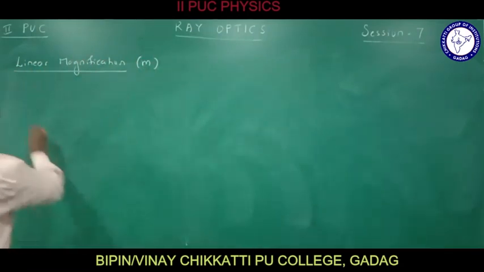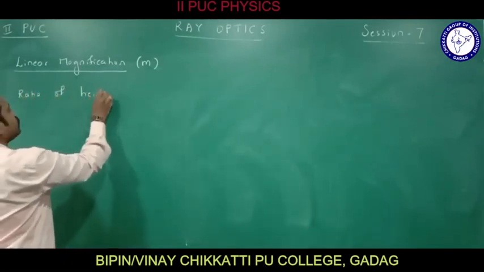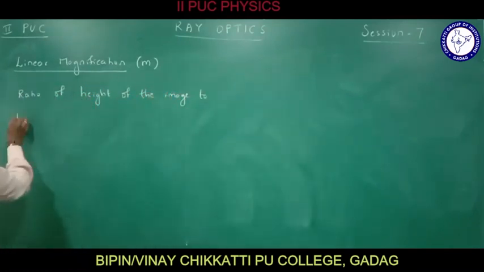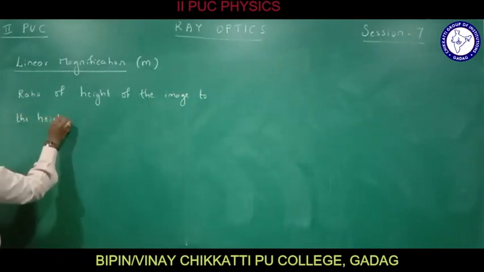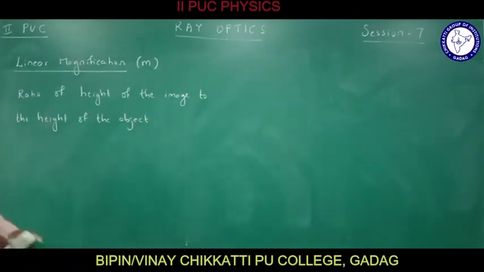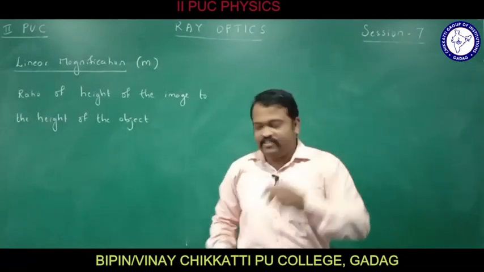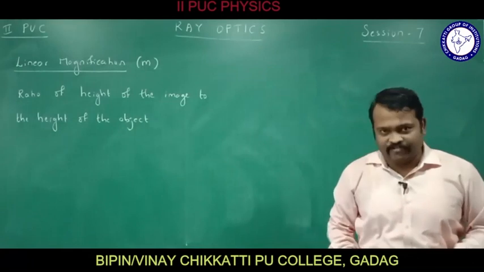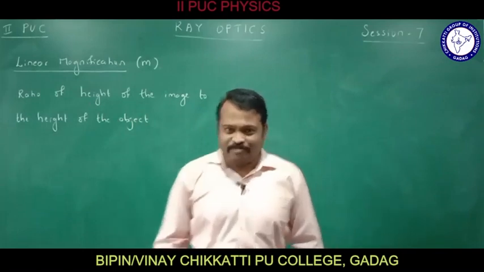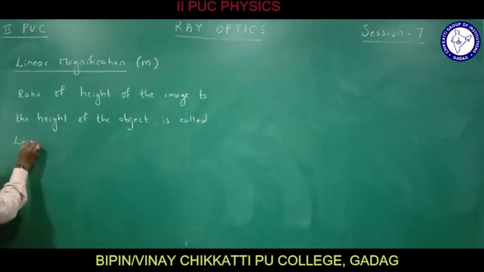It is the ratio of the height of the image to the height of the object. It tells how much the image has been magnified. To know that, we need to calculate linear magnification. The ratio of the height of the image to the height of the object is called linear magnification.